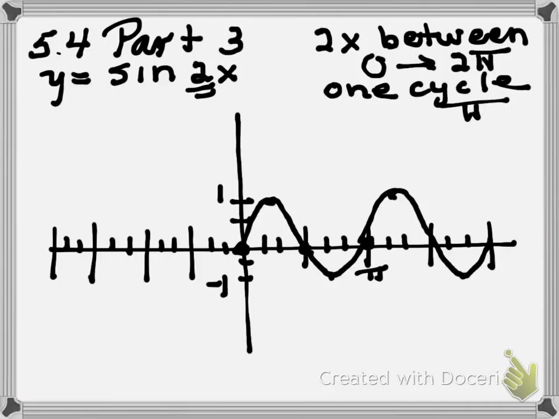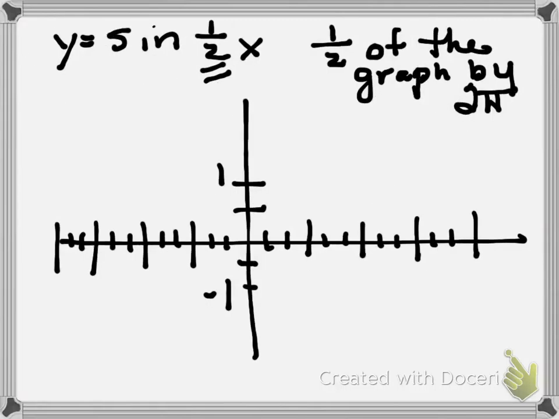And of course, I could always do the same thing on the other side. I could go to negative 1 halfway in between, then positive 1 and 0, then negative 1, 0, positive 1 and 0, so that even on the other side of the y-axis, I'm seeing two of the graphs between 0 and negative 2 pi.